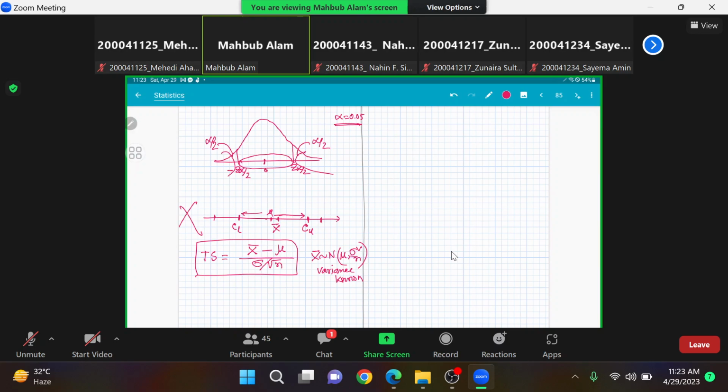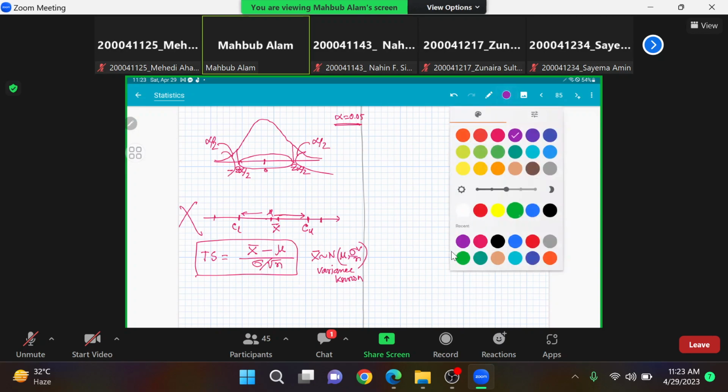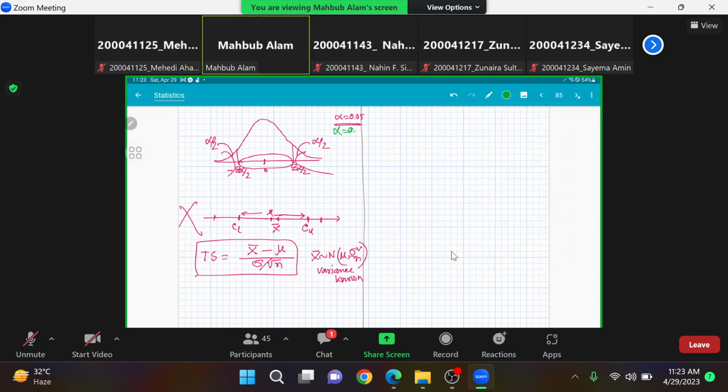And the second thing is that for a different value of alpha, for example, when alpha equals 0.10, then Z alpha by 2 will be here, and the test result will change. Here comes the p-value. The p-value is a generalization of the significance level.